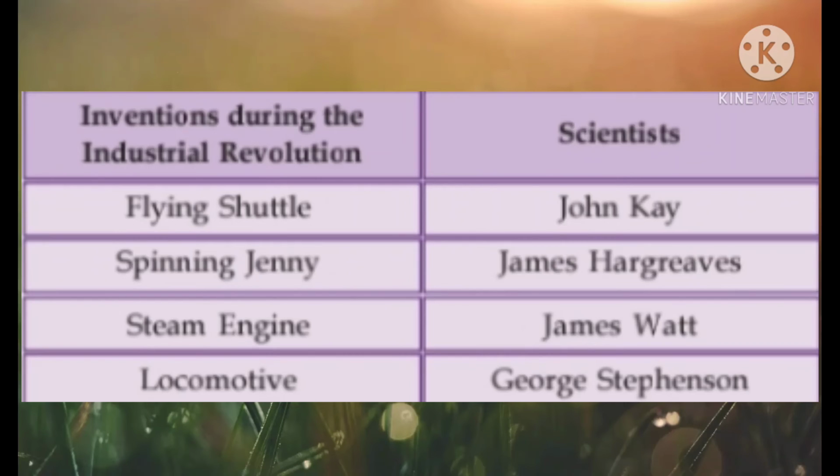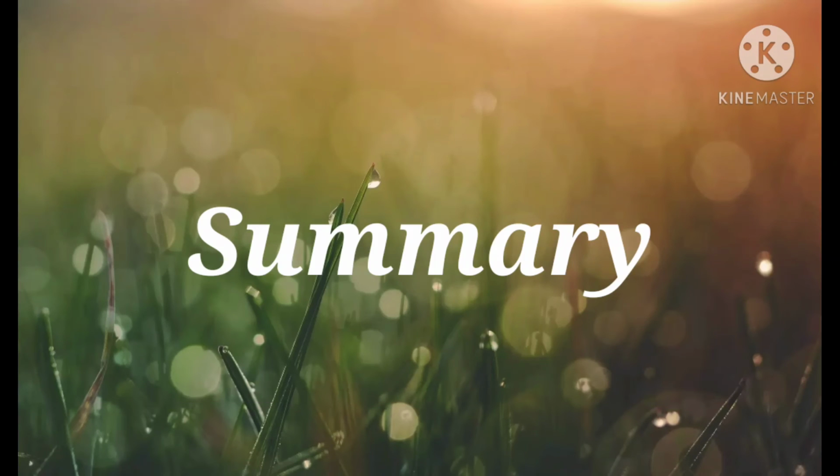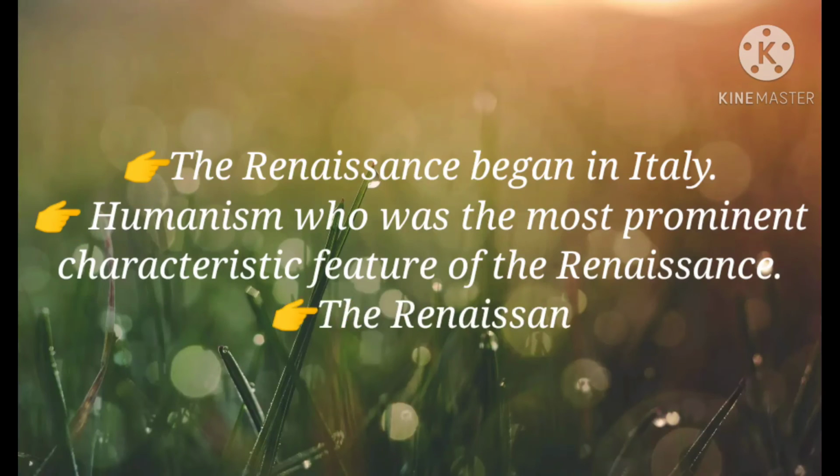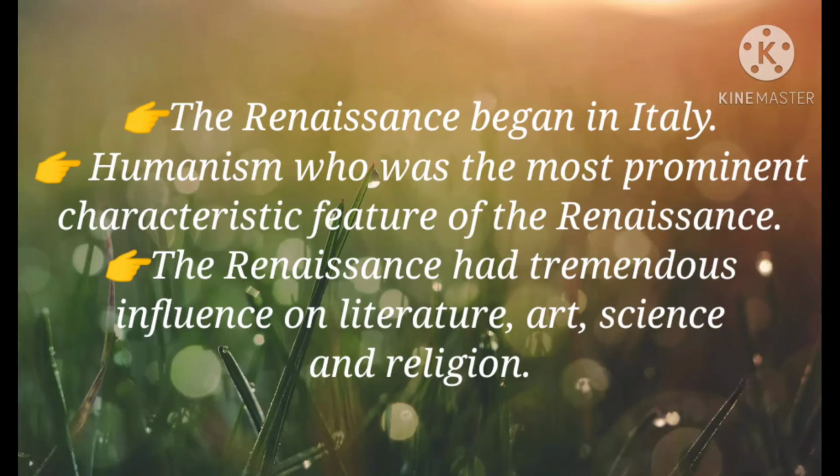These are also some of the inventions during that period. Now let us see the summary of this lesson. The Renaissance began in Italy. Humanism was the prominent characteristic feature of the Renaissance. The Renaissance had tremendous influence on literature, art, science, and religion.